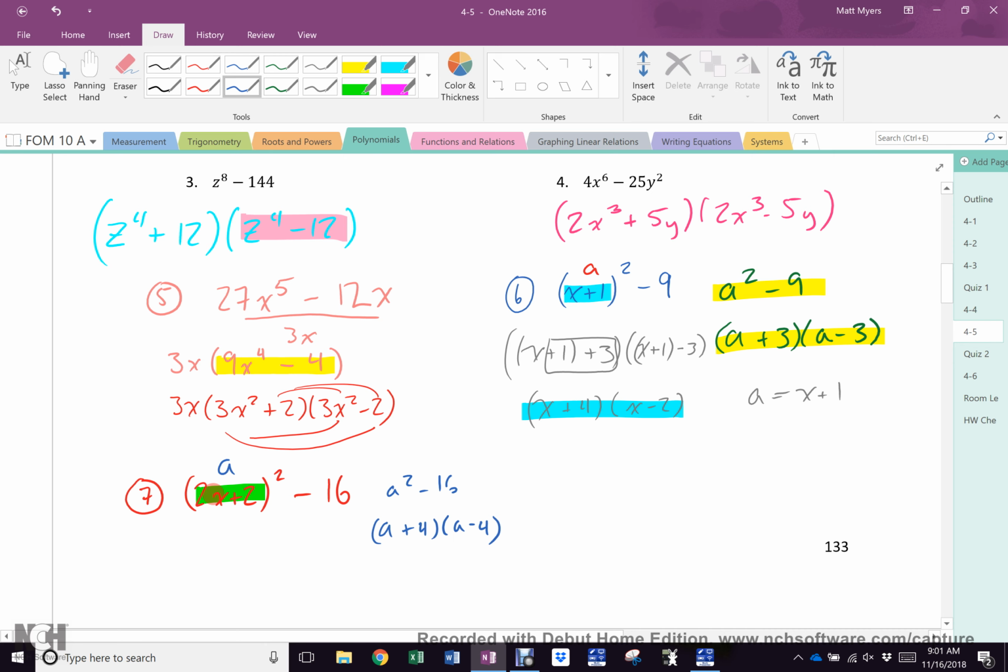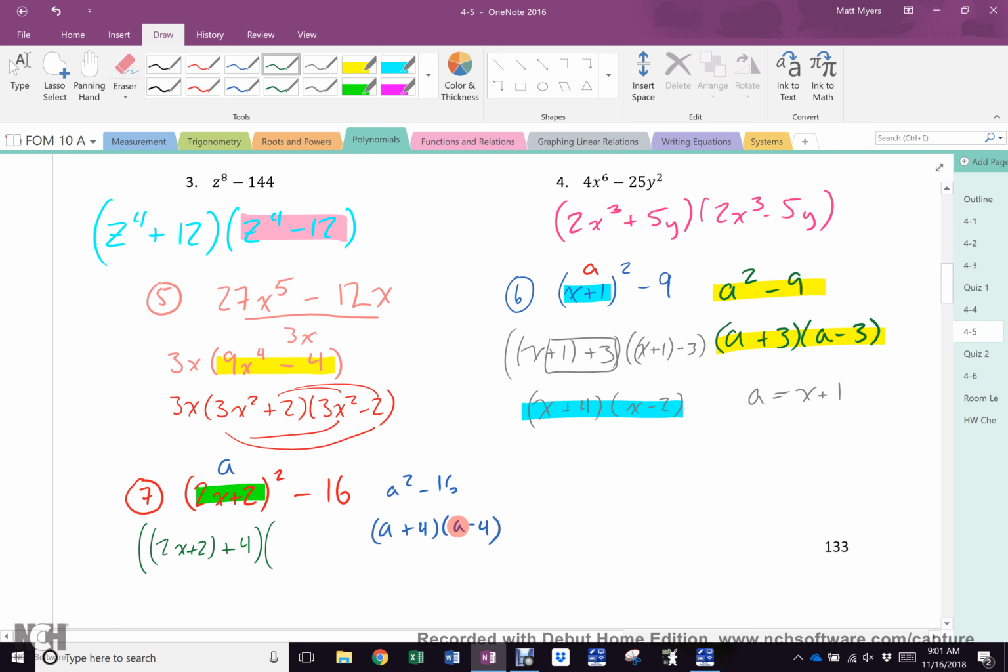Were there any A's in the original equation? No, but I got an A here. But A is what? 2x plus 2. So what do I write here instead of A? 2x plus 2 plus what? 4.